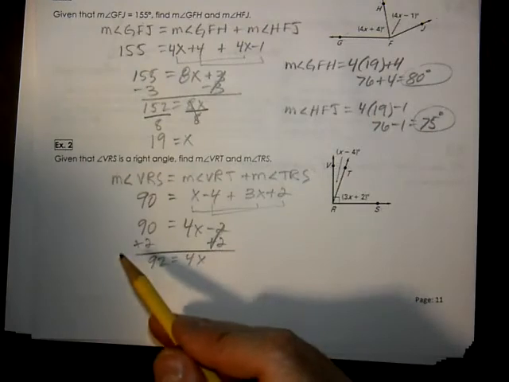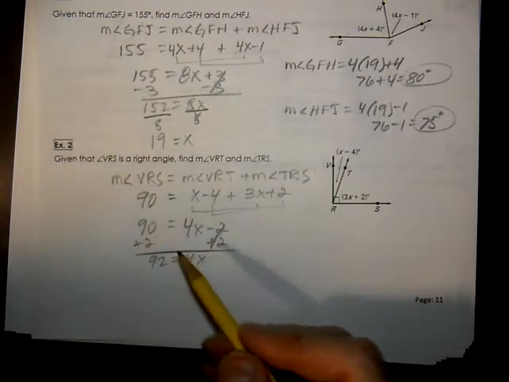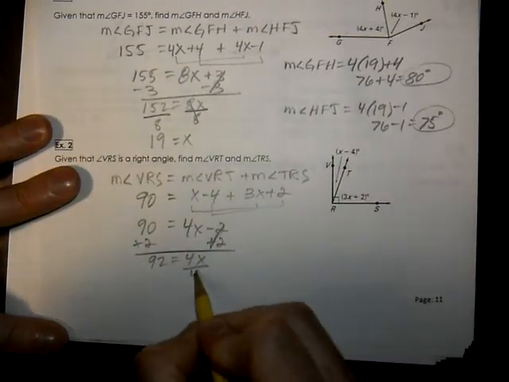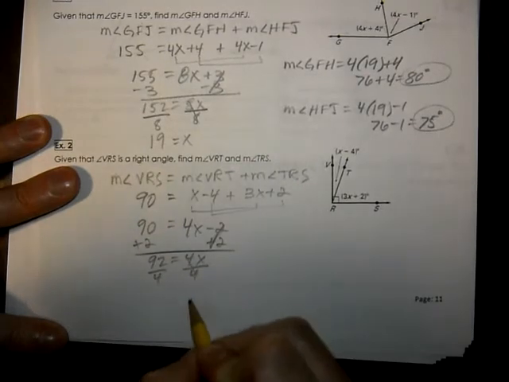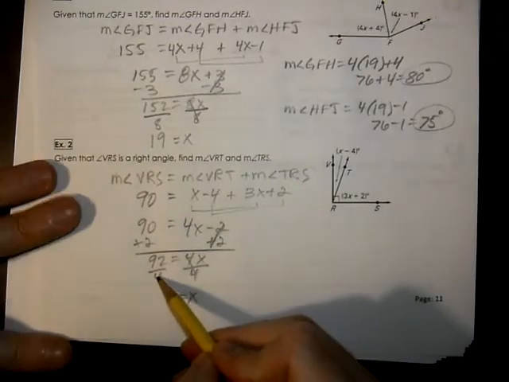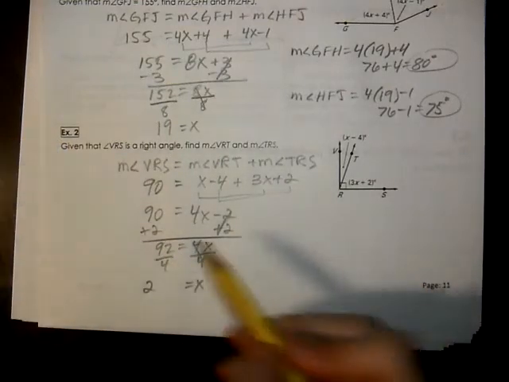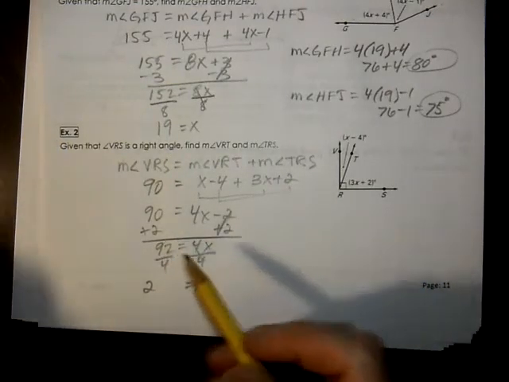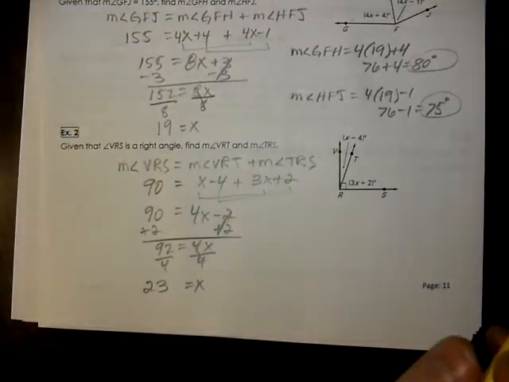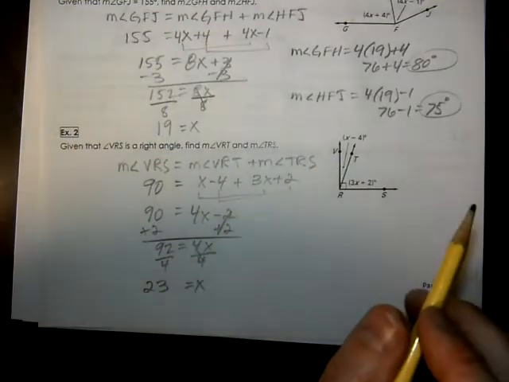So that's why we added the 2, because we went to the other side of the equal sign. Four goes into 9 2 times with 1 left over, which makes it 12. 4 goes into 12 3 times. So in this case, we know that x equals 23.